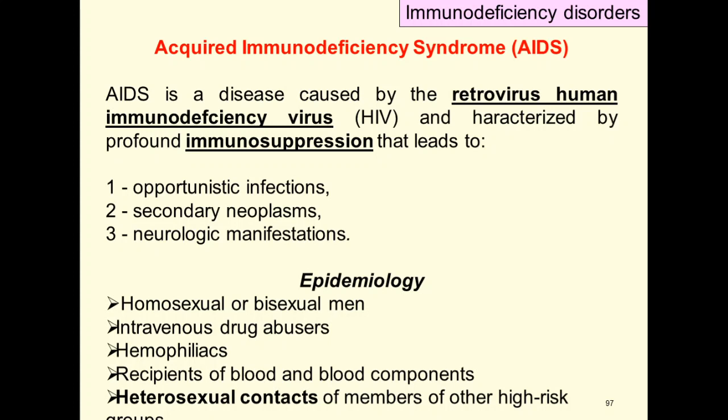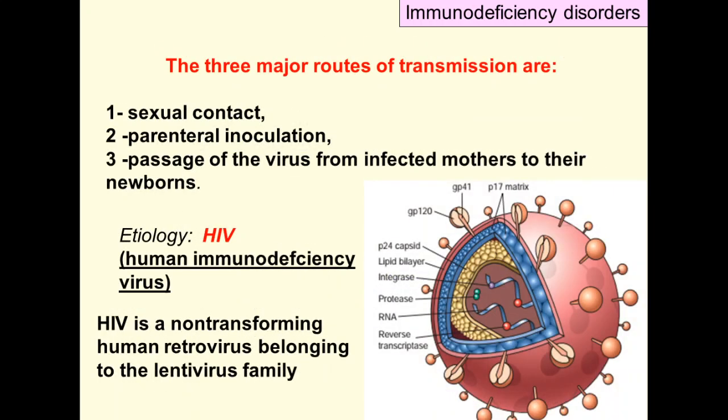Only due to the depressed immune response does this type of infection cause the disease. So, three main routes of transmission. I think it's clear.